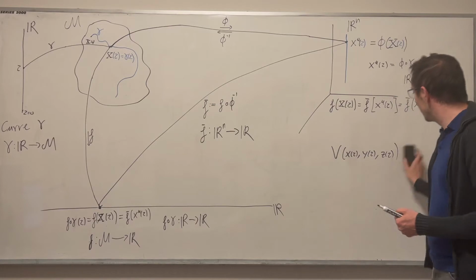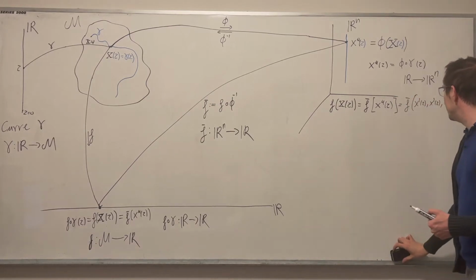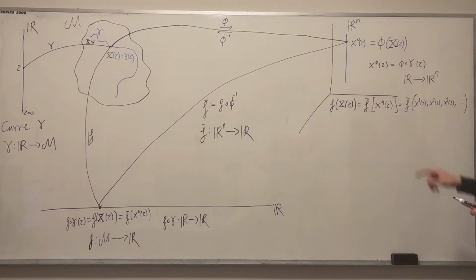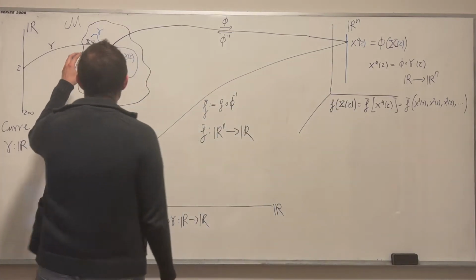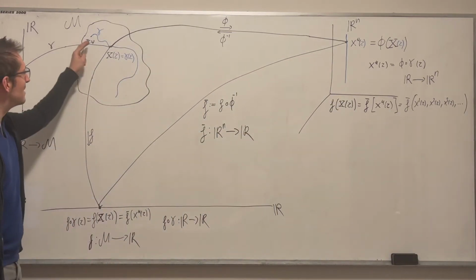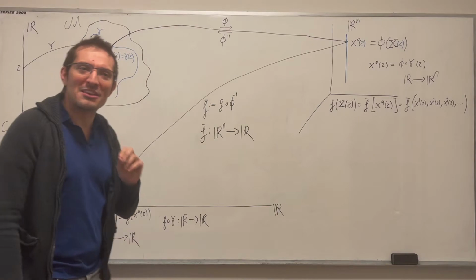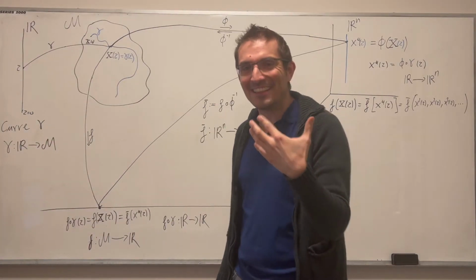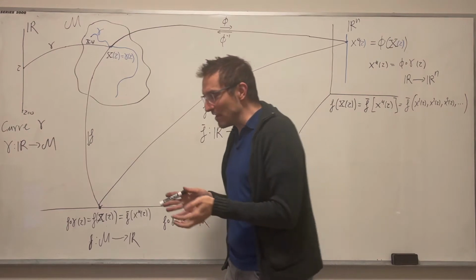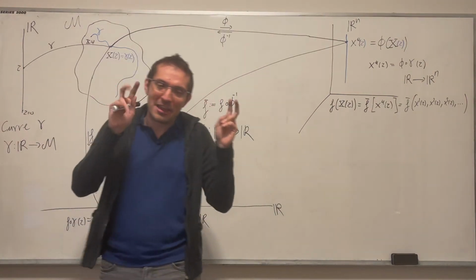Wonderful. So if this is a function that I know how to differentiate, I would be able to make sense of the following. I can ask, what is the variation of the function f as I move along the curve? Does that remind you of something? That's the notion of directional derivative that you have from calculus. As I move along the curve, I look at the variation of the function f.